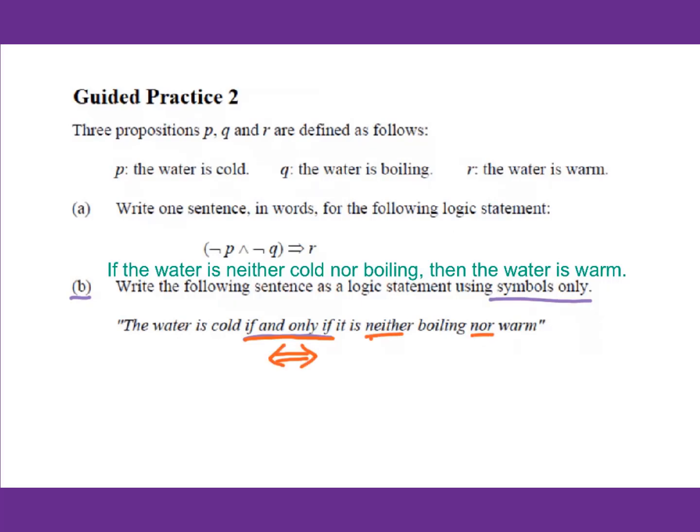Neither nor means not and not. The water is cold, that's P. It's neither boiling, that's not Q, and not warm, not R.